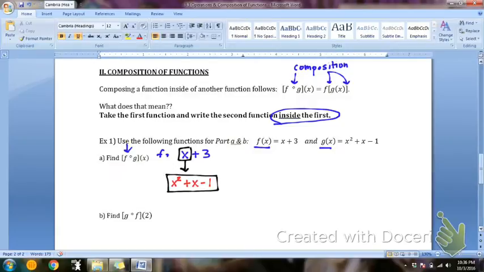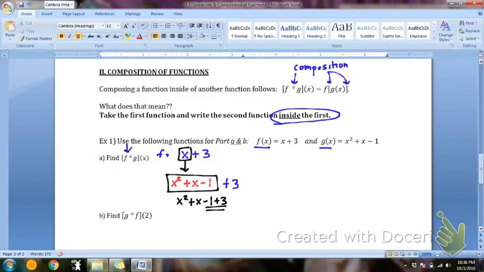We still have this plus 3 on the end. Now that I've replaced the entire x in the function, I'm going to simplify x squared plus x minus 1 plus 3, and now it becomes a problem like we've been doing before, where we combine our like terms.